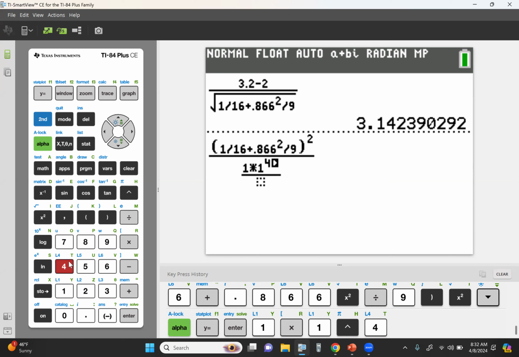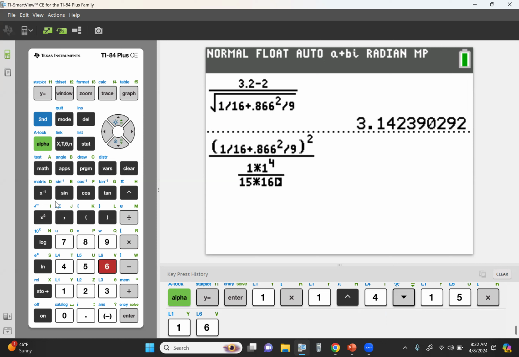And then what did I have in the denominator? I had 15 times 16 squared, correct? Since I'm squaring the standard deviation and then squaring it again, it's going to be to the 4th power.